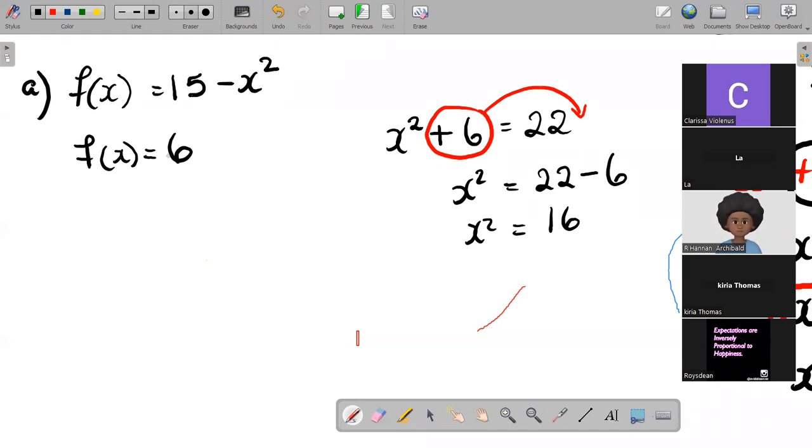Tell me where you get. The challenge in this question here is the negative sign.